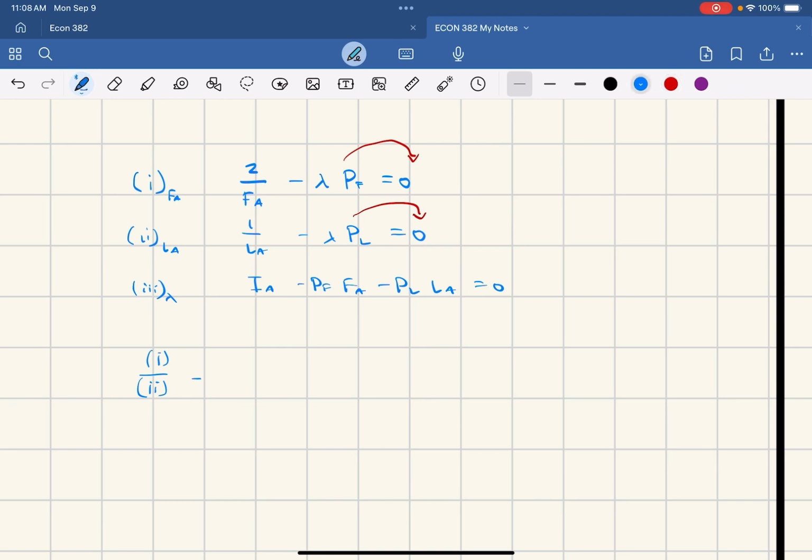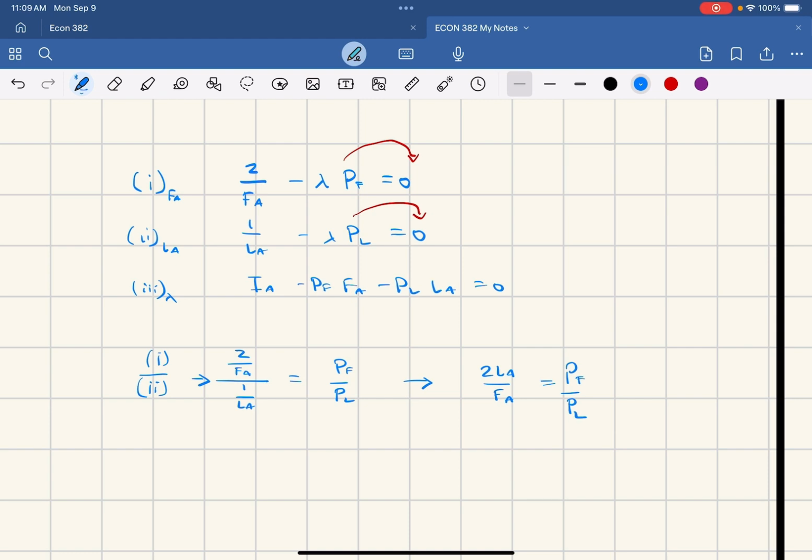And that's going to lead me to get 2 FA divided by 1 over LA is equal to the ratio of the prices, because the lambdas will cancel each other out. So I can then rewrite this as 2LA over FA is equal to the ratio of the prices.